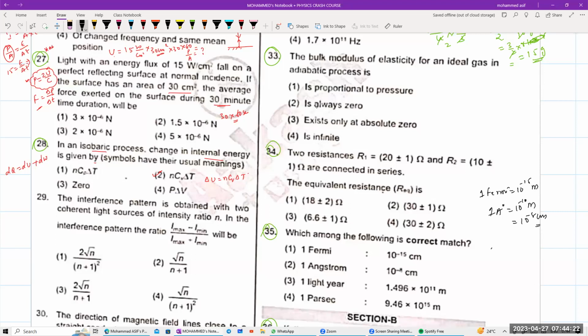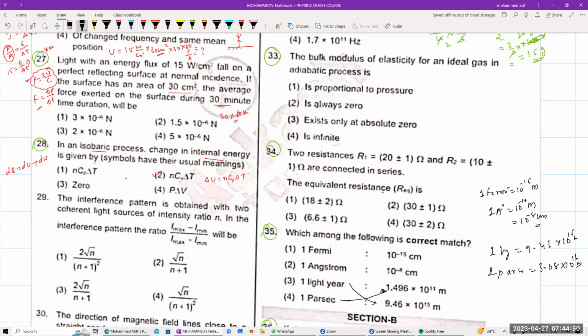Then how much is 1 light year, beta? 1 light year is equal to 9.46 into 10 to the power of 15 meters. This one is given wrongly. Remember it anyway. Approximately, 1 parsec will be equal to 3.08 into 10 to the power of 16 meters.